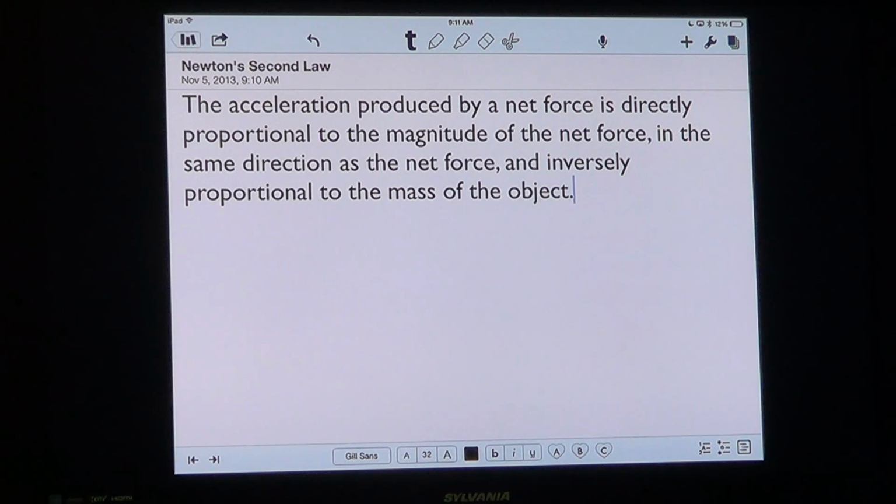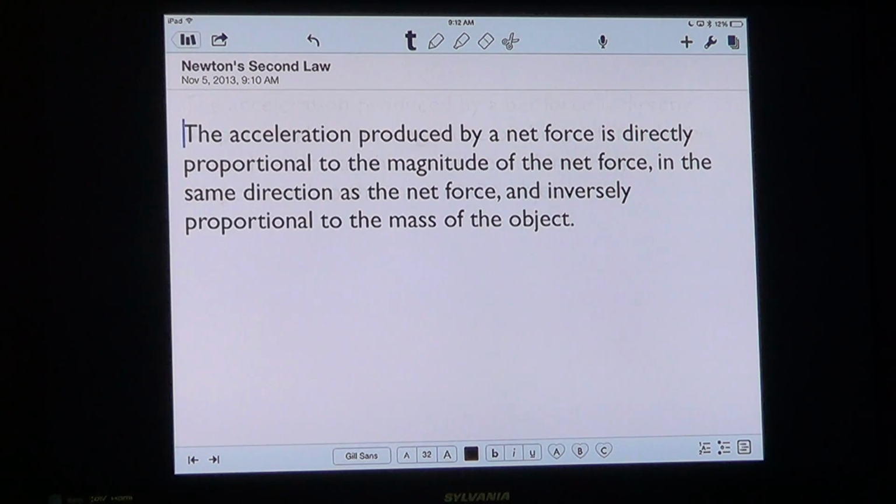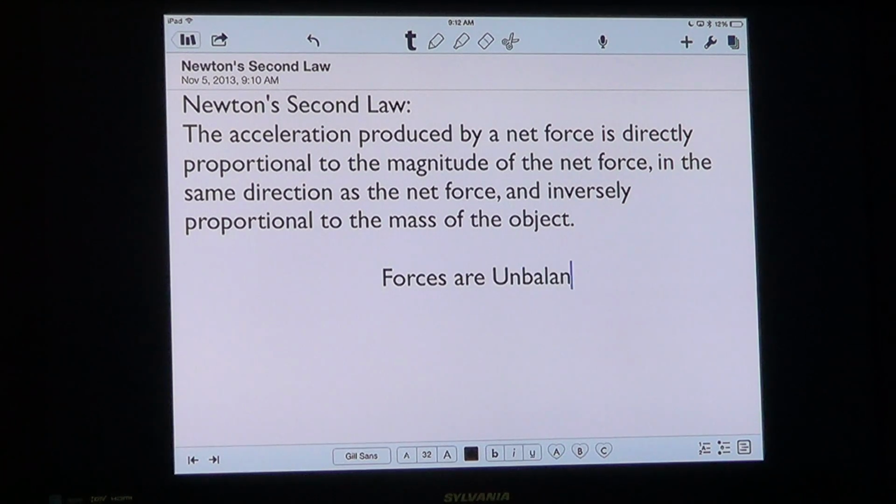Okay, so for the first law, we were talking about when forces are balanced, and we started talking about what happens when forces are unbalanced, and that's what Newton's second law has to deal with. So we kind of had a flow chart last time, and we'll do that again. So this time we have forces that are unbalanced, and there's two things that we know.